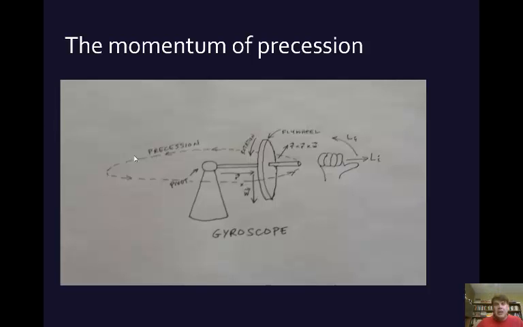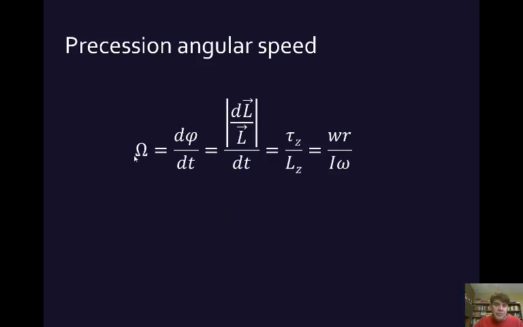Anyway, so precession. Precession is a rotation in the other dimensions as something is rotating in one dimension. It can cause a kind of rotation in the other two dimensions as well. How do you figure out the angular speed of precession? This is called omega. That symbol on the far left is a capital omega in Greek, and it is the symbol traditionally used for precession speed, precession velocity, if you would.